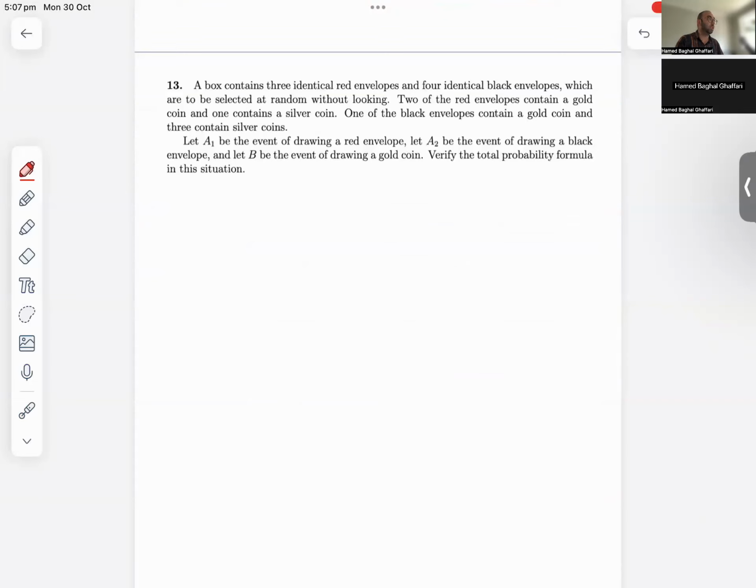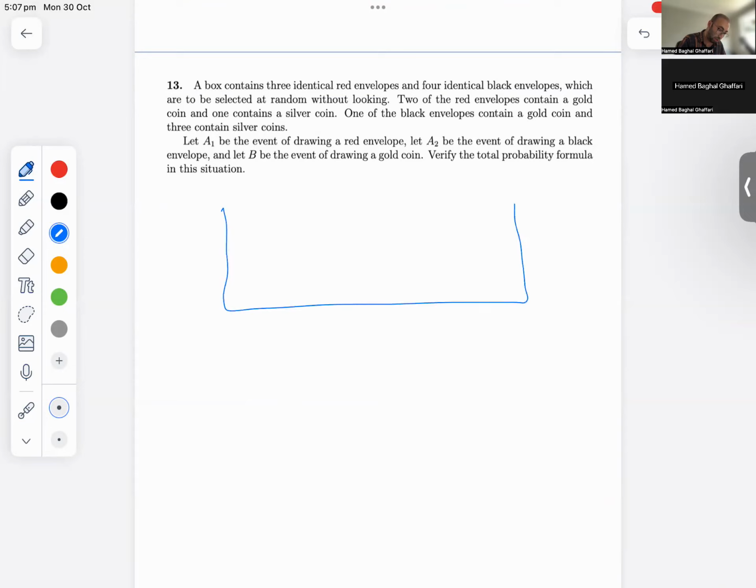So we've got this question 13. There is a box with three identical red, so I should change the color of the box.